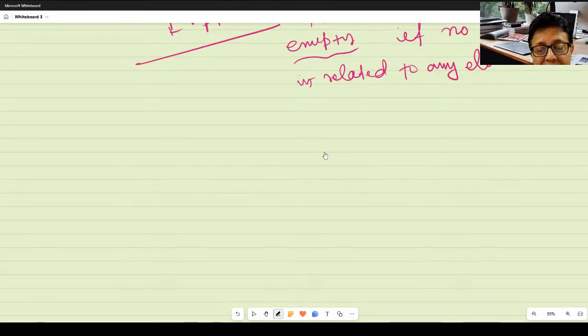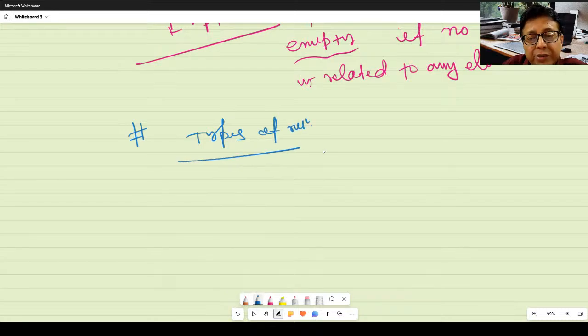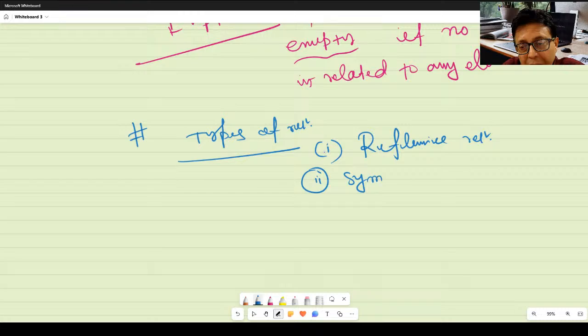But in types of relation, you are going to learn mainly these three types of relation: reflexive relation, symmetric relation, and transitive relation.